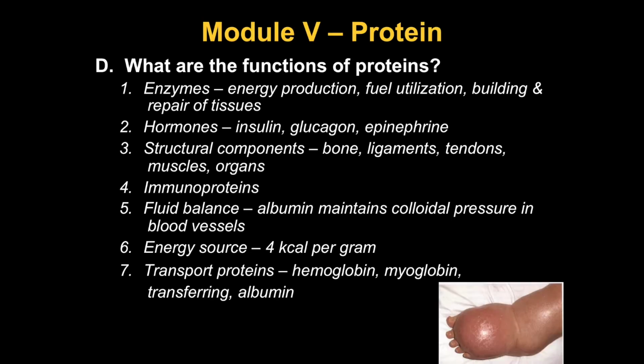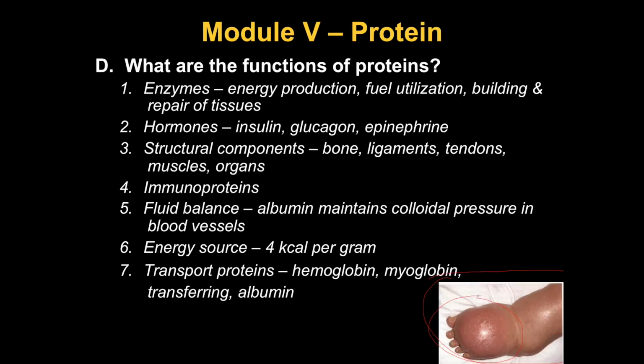Just as an example, although this particular infant may not be suffering from albumin deficiency, it's just an example of how protein, or the lack of protein, could lead to edema or fluid accumulation like this infant in the bottom right hand corner of the screen. So it's important for fluid balance.